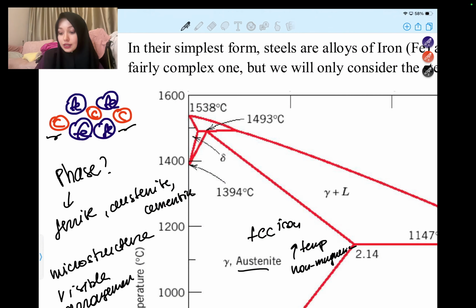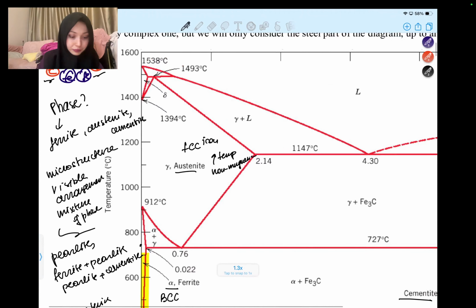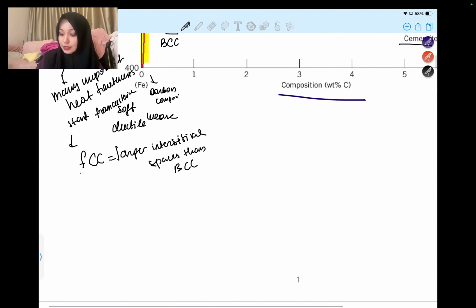And this thing itself, when we have iron here and small carbon atoms, is called an interstitial alloy, a mix of two elements, right? And due to having more interstitial spaces, it is FCC.